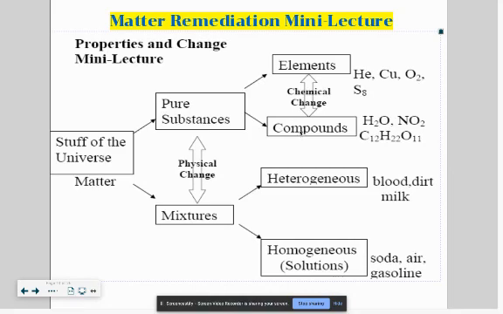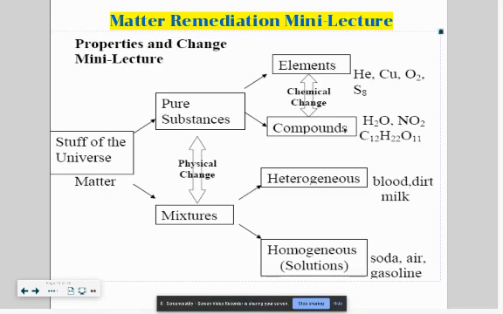For compounds, we take two or more different elements and we get a molecule, and molecules are the simplest form of a compound. For instance, we have water, which has 2 hydrogen atoms and 1 oxygen atom chemically bonded together. Nitrogen dioxide has 1 nitrogen atom and 2 oxygen atoms chemically bonded together.